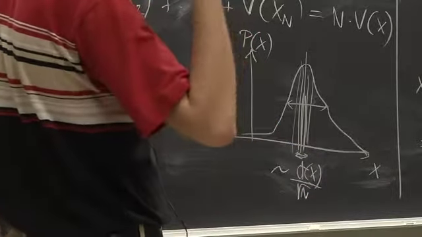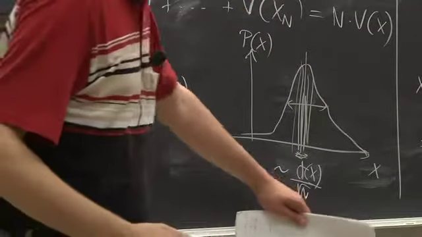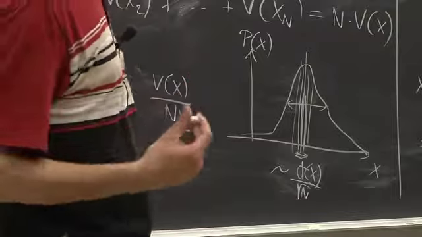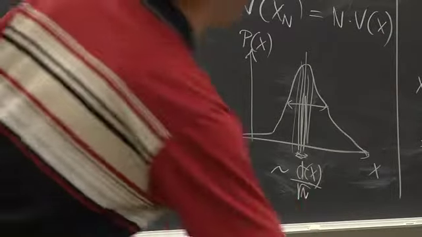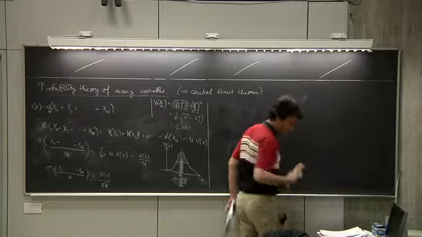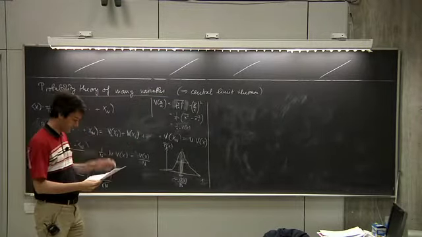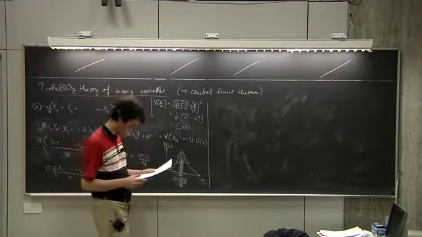And if you tell yourself, well, I need to know my result up to 10 to minus 3, this helps you estimate how many measurements you need to make in order to get this accuracy. It's a very simple thing, but very important, for example, when you do numerical simulations and you have noise in your data and you want to reduce this noise by simulating longer and longer, this helps you estimate how much longer you have to work.